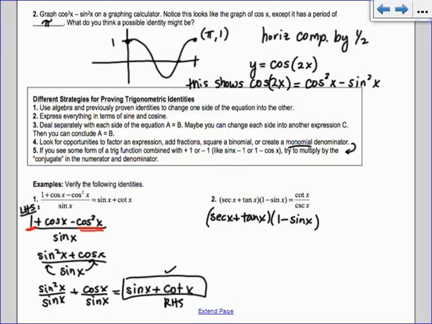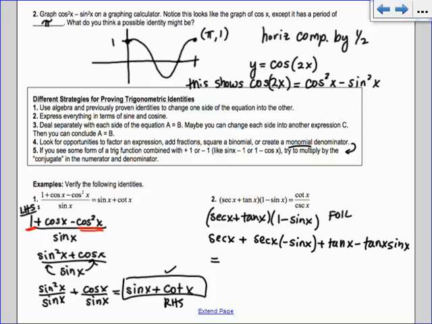First, outer, inner, last: secant x times 1 is secant x. I have secant x times negative sine of x, so secant x negative sine of x. Plus tangent of x is the inner, and the last is tangent of x sine of x.